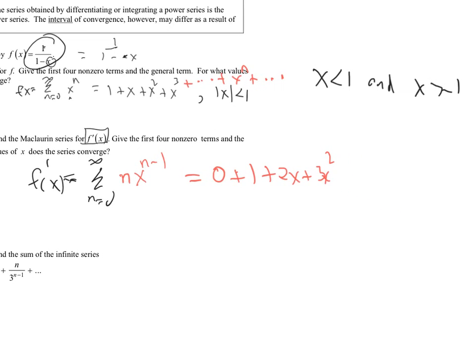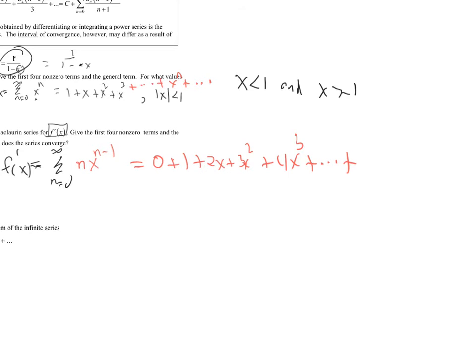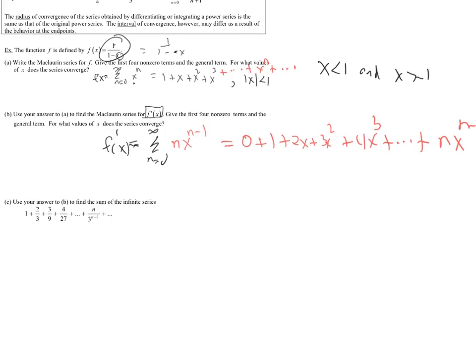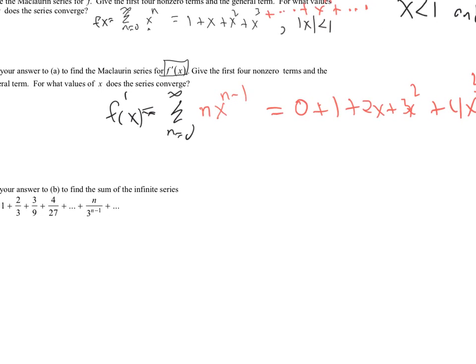I do need to go one more. 4x cubed plus dot dot dot plus n x to the n minus 1 dot dot dot.